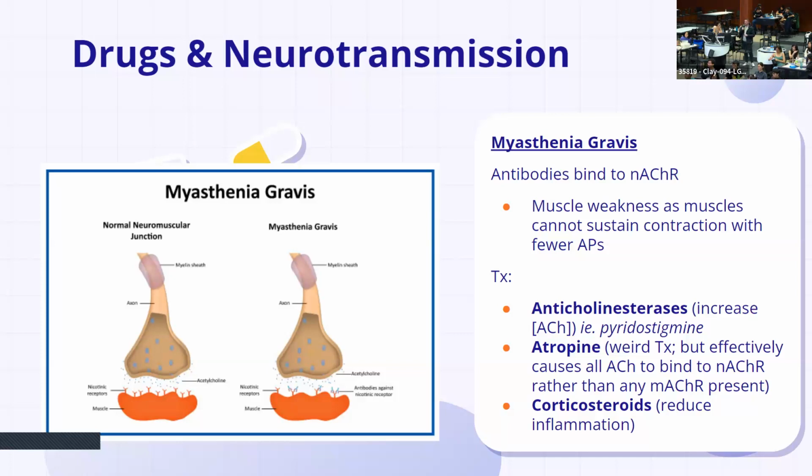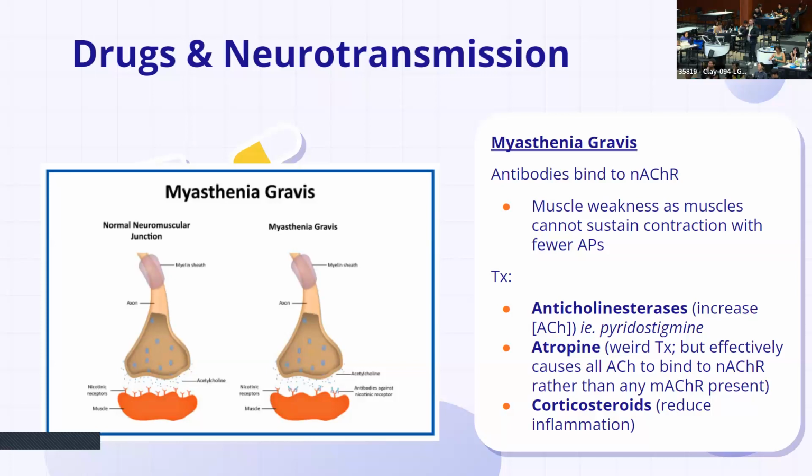The treatment of that is anticholinesterases. If you give them an anticholinesterase, there will be a buildup of acetylcholine within the synapse, and that will mean it's more likely to bind to a nicotinic receptor that doesn't have the antibody on it. Corticosteroids, all they do is reduce inflammation, and you'll learn about those next semester.